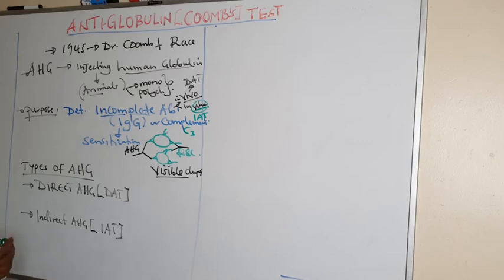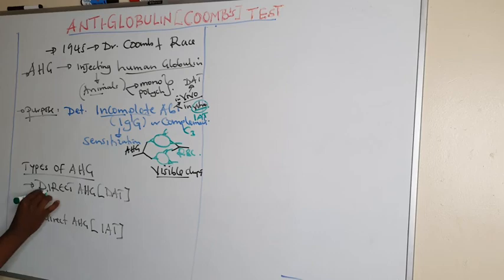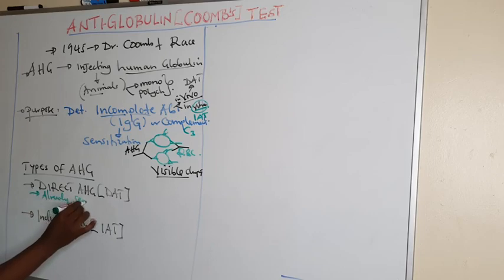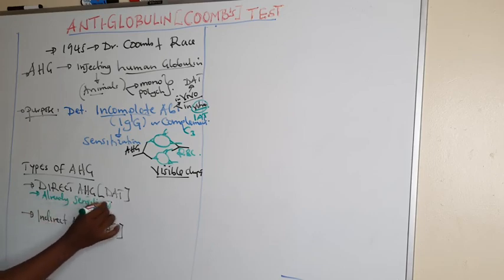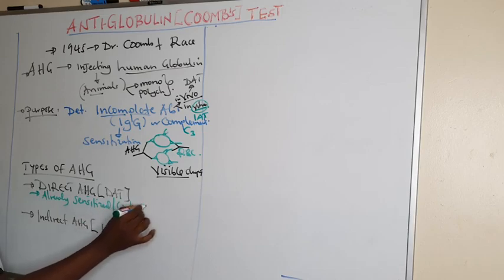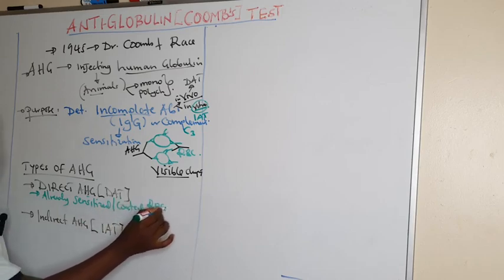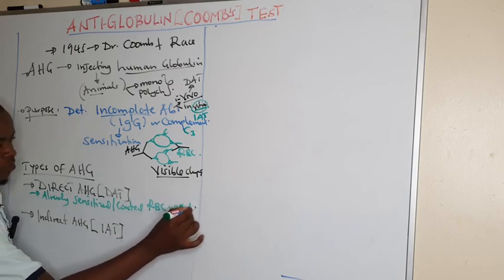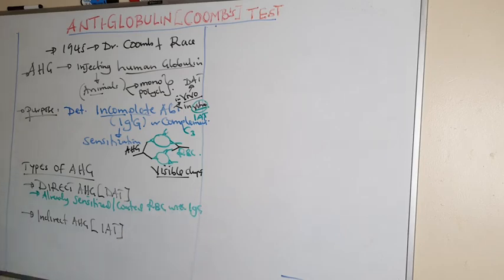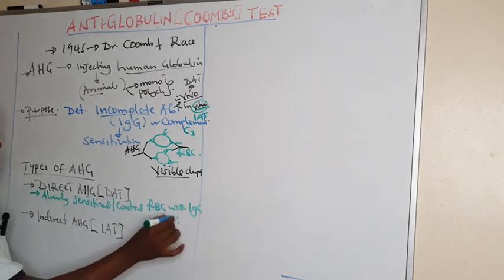We are going to see one by one how they come about. But in summary, the direct Coombs test is a one-stage or one-step test, used to demonstrate already sensitized RBCs, coated with either immunoglobulin, that is IgG, or complement 3.